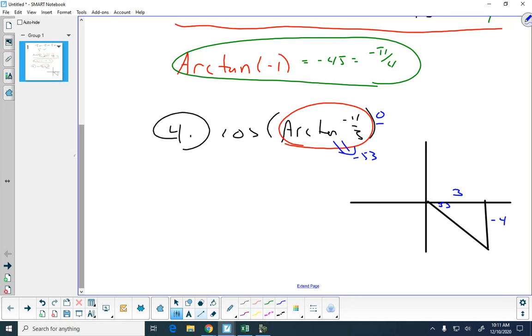So this is opposite over adjacent. So we have -4 over 3. Using our trig ratios, our good old buddy Pythagoras, we have a value of 5 here. So we can now look at this triangle and find the cosine of this angle. And the cosine of this angle is adjacent over hypotenuse, so we have 3 over 5.